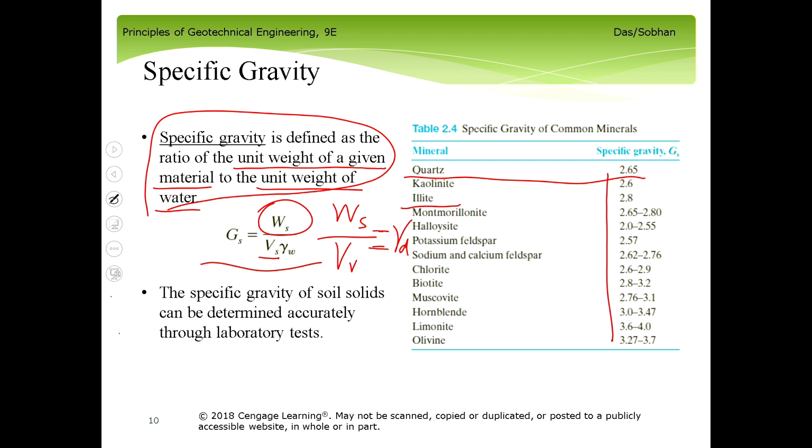Why don't we say soil in here? We use mineral because, yes, loess is a kind of soil, but loess in France is different from loess in China, so the specific gravity changes. We consider loess from two different places to be two different materials. This is why we use mineral, because mineral is pure, so it is fixed.